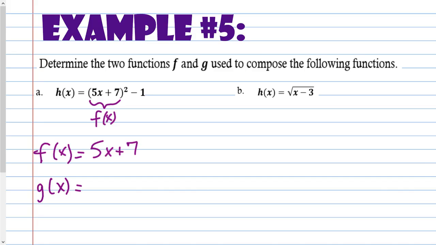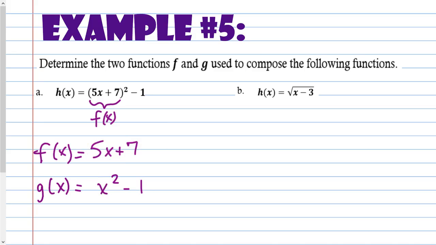The other function, which I've decided to call g of x, is going to be the rest of it, but instead of the 5x plus 7, that's going to be replaced by just a simple x. Hopefully you could see, we started off with x squared minus 1. We got rid of the x, and in its place, we stuck this function. And that's how they made h of x.